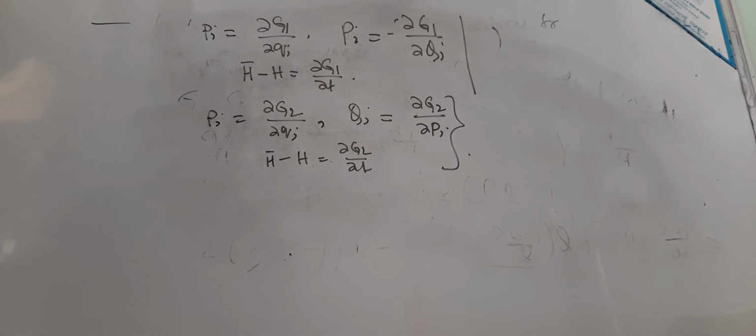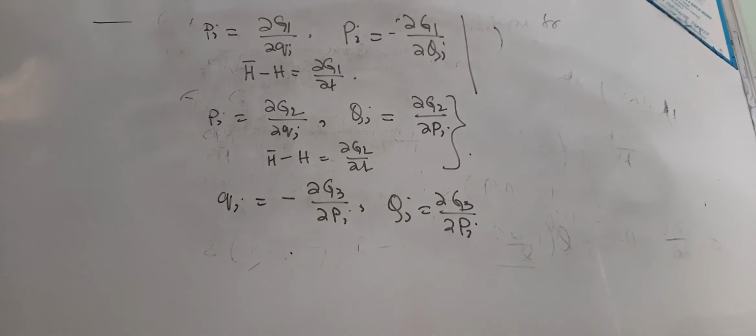This is our second generating function. For the third generating function, small qi equals minus del G3 by del pi, and capital Qi equals del G3 by del Pi, and H prime minus H equals del G3 by del t.